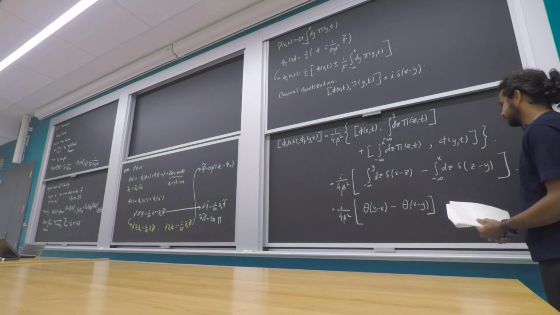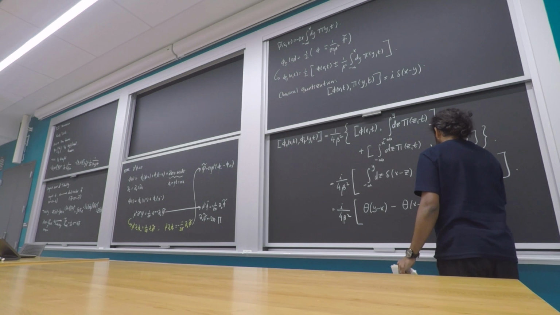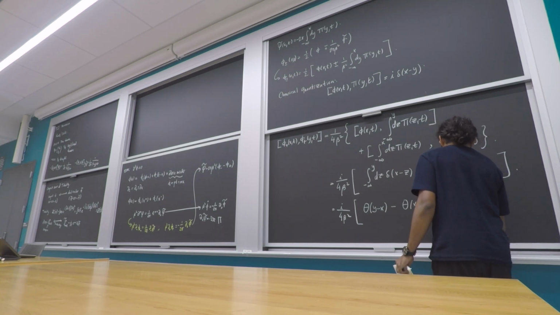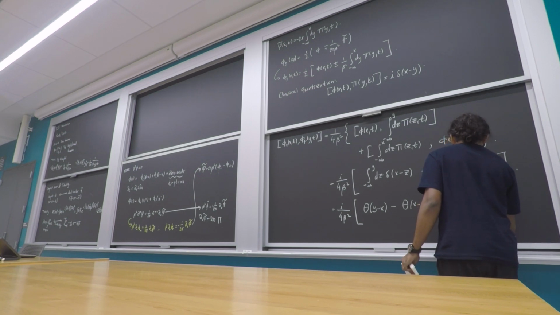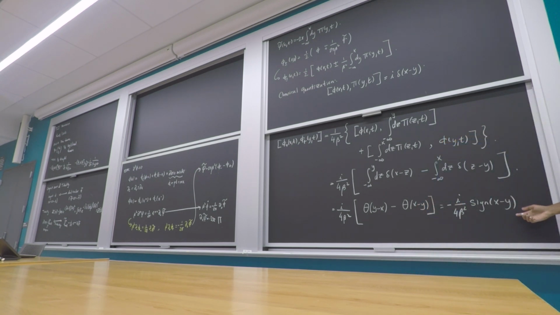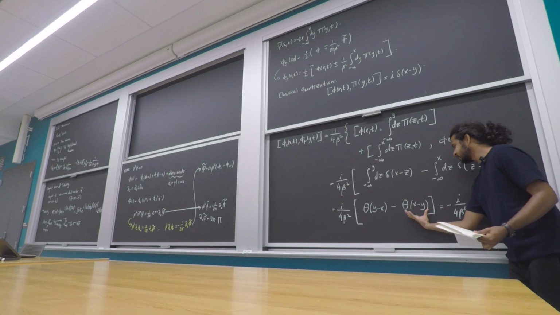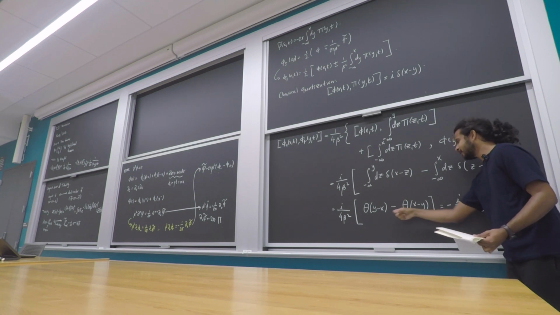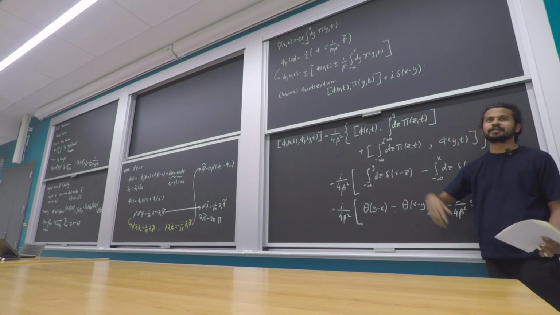In other words, this is equal to minus I by 4 beta square sine x minus y. The answer is the sine of x minus y. If x minus y is positive, then the answer is only coming from this part, and that's negative. You get the point, right?